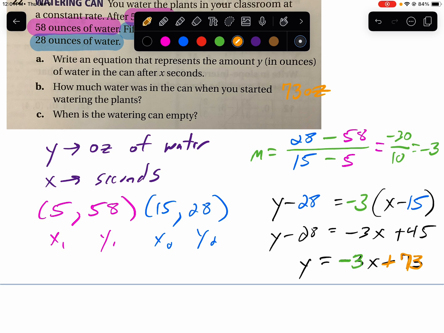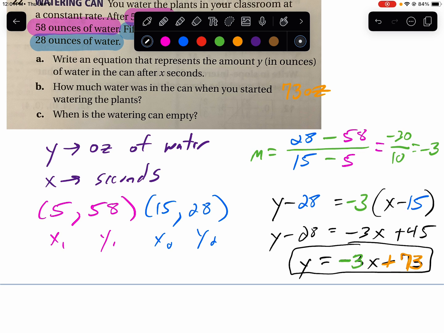So we divide that 73 by 3. Actually, I'm sorry, 3 into 73 goes twice, 1 left, about 24 seconds. Right about 24 seconds. That's going to empty out. So that's kind of just interpreting there your slope and your y-intercept. Okay. That should do it.